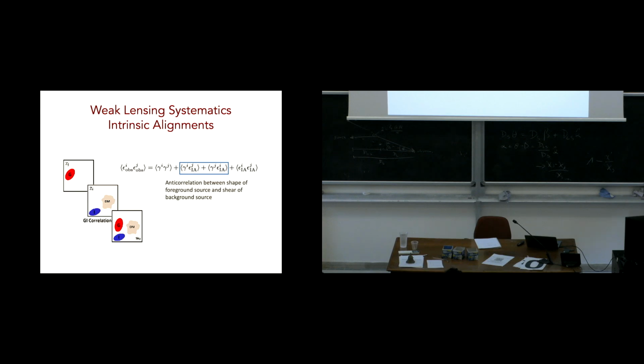And we have another galaxy at the redshift of our lens that's forming in that tidal field of this overdensity. So that means that this galaxy here, if it's an elliptical, would align radially with the overdensity, while the background galaxy gets lensed and aligns tangentially. So at that point, we get an anti-correlation between background shear and foreground intrinsic ellipticity.